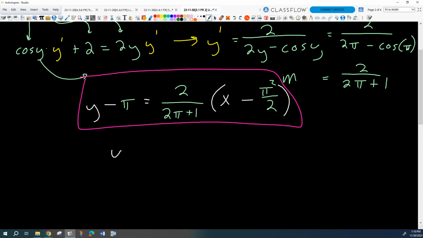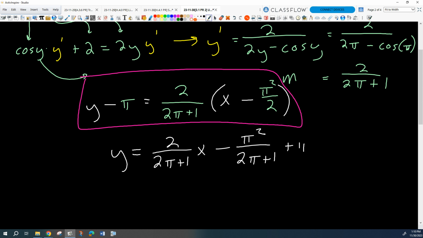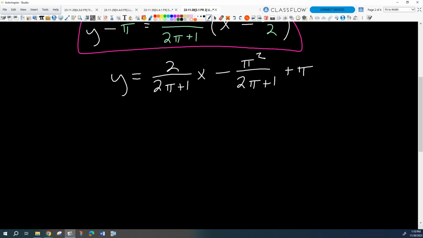So we're just going to get y equals 2 over 2 pi plus 1 times x minus, if I distribute this, the 2's would cancel, and I'm just going to get pi squared over 2 pi plus 1, plus pi, right? You don't have to make that one big fraction. You could just leave it like this, but you'd probably write it in this form.